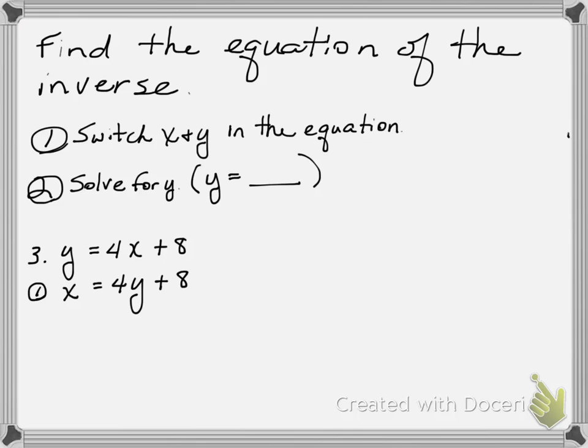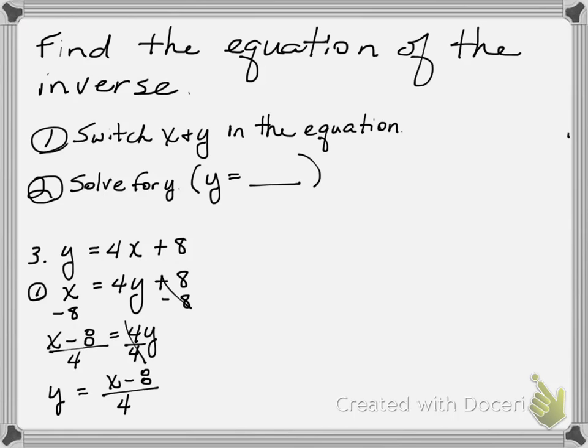So I have to take this and solve it back, so I have y equals. You subtract 8, you just now solve the equation for y. So x minus 8 equals 4y. Then divide by 4. So y equals x minus 8 over 4.